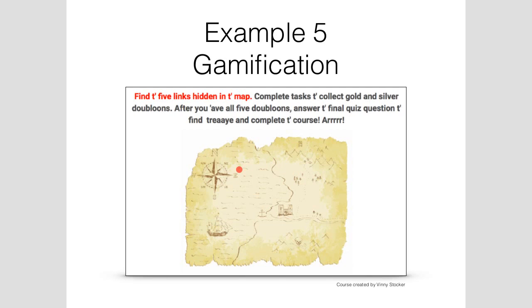I think there's a quiz, a forum, a Wikipedia article you have to go and view, and so on. As you complete each of those, little doubloons will appear at the top, like the badges I had. Once you've got 5 of those, they will spell out a word, and a quiz will appear above that. You put the word it spells in the quiz, and then a treasure chest will appear above that.